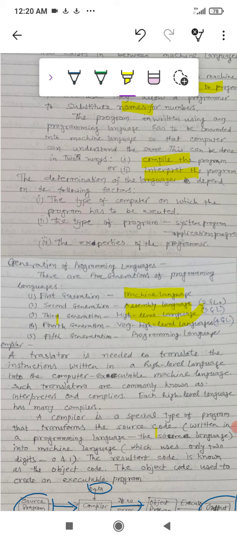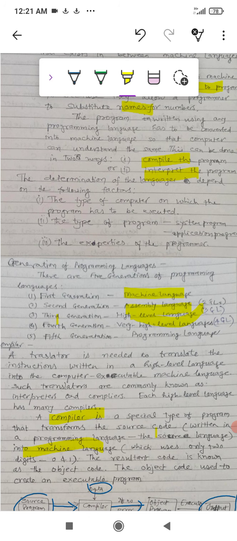A compiler is a specific type of program that transforms the source code into machine language.